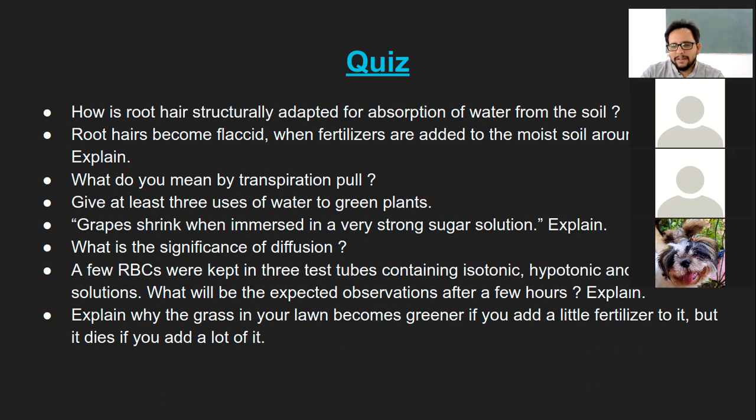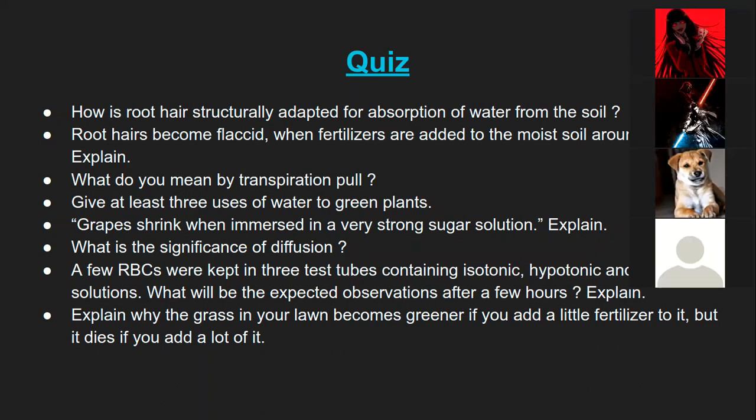Yes, but again, not completely correct. It's moving from a higher concentration. So the grape has more liquid and the solution has more sweet. I don't remember, sorry. It's hypertonic, no?